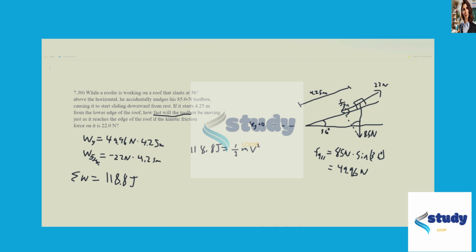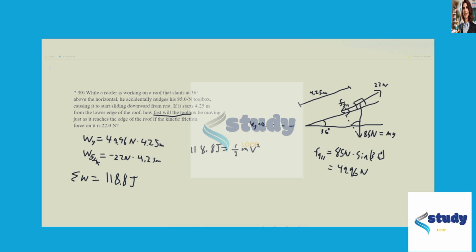One thing we don't know is the mass, but we can get that from the gravitational force here. We know it's 85 newtons, and since that is equal to mg, we can take that 85 and divide it by g.